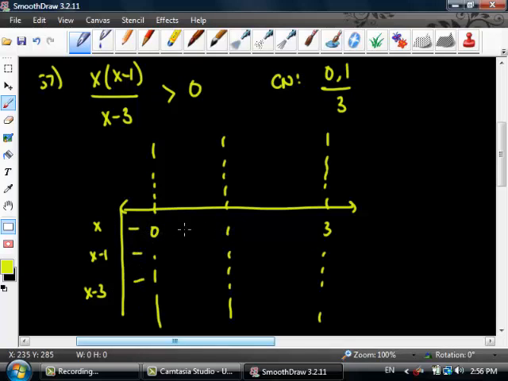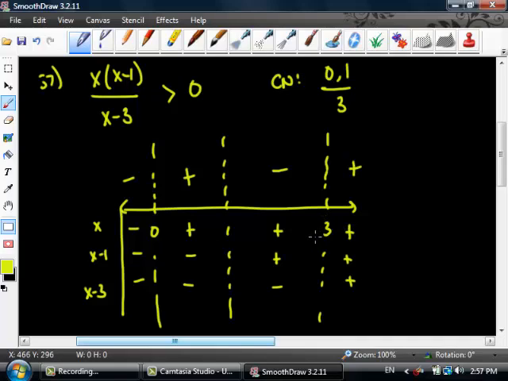Between 0 and 1, let's go 1/2. 1/2 is going to be positive. 1/2 minus 1 is negative. 1/2 minus 3 is negative. Between 1 and 3, let's choose 2, so that's going to be positive, positive. 2 minus 3 is negative, and then 5 trillion is going to be positive, positive, positive. So this gives me negative, positive, negative, positive.